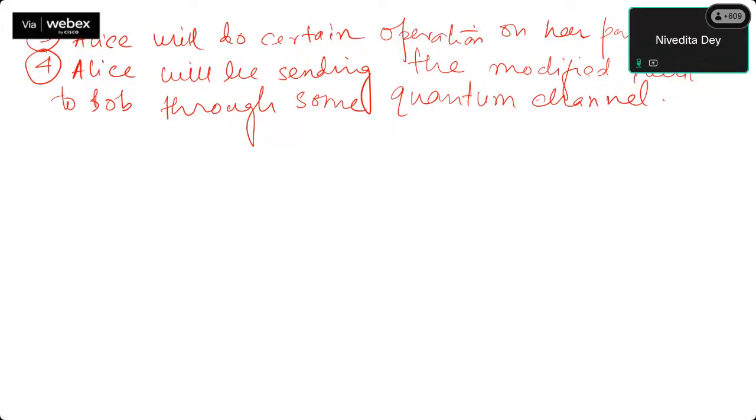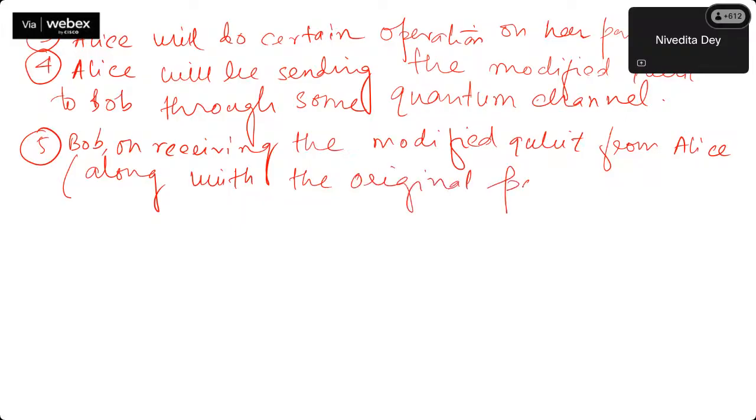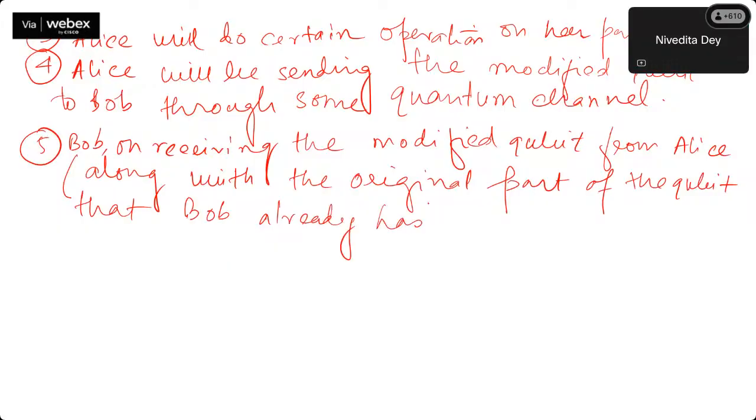Now, step number 5 is Bob, on receiving the modified qubit from Alice, of course, and along with the original part of the qubit that Bob already has. So now Bob has two pieces of information.